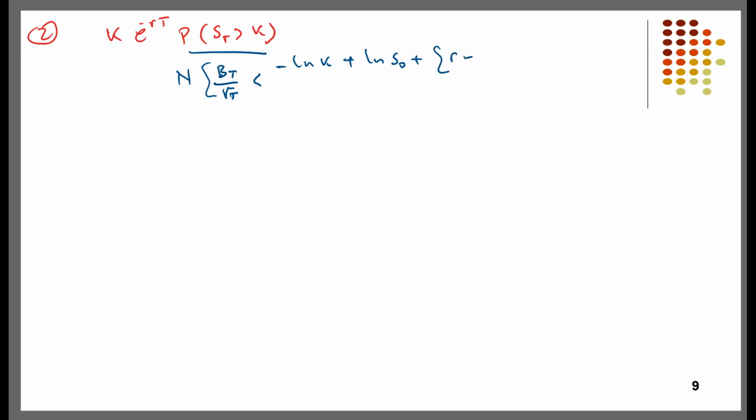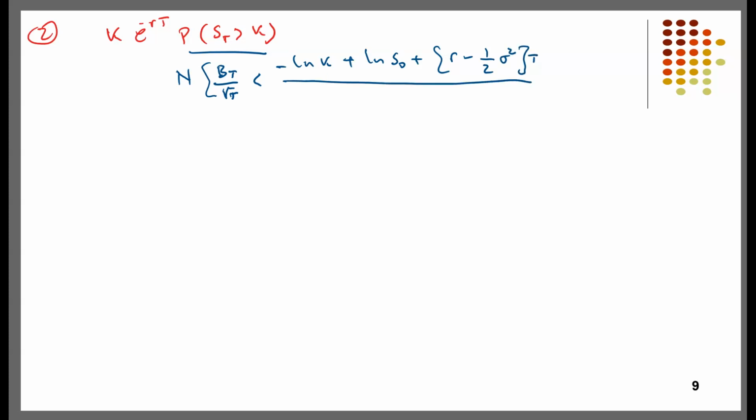Remember, term 2 was the strike price present value multiplied by the probability that the stock price is above the strike price, and we found this value to be equal to the probability that the normal distribution, Bt divided by the square root of t, is less than minus the log of the strike price plus the log of S0 plus r minus 1/2 of the variance multiplied by t.